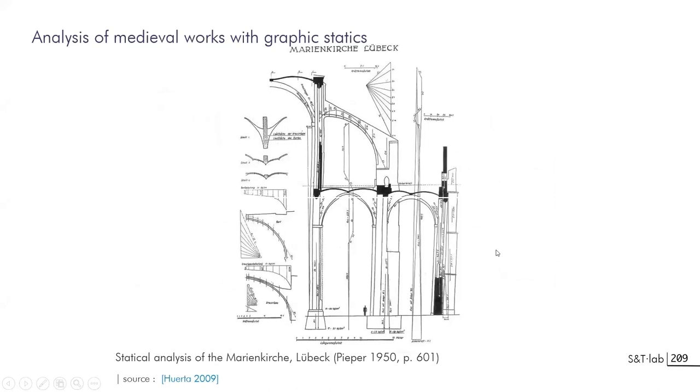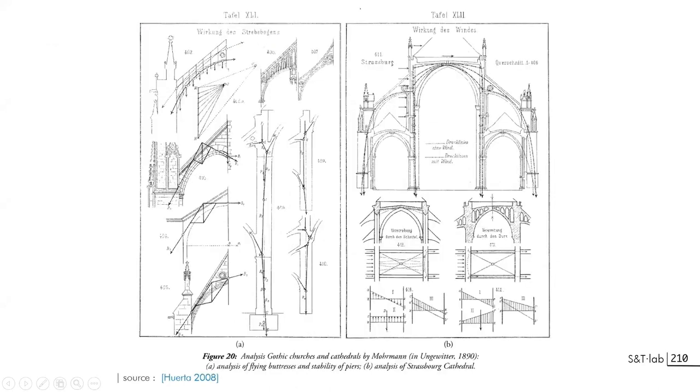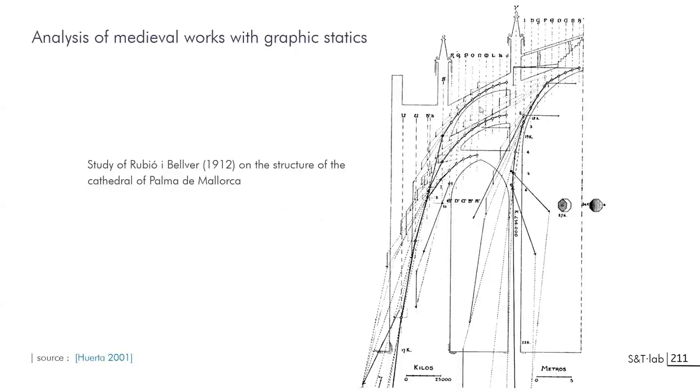So let's move on progressively with something else and have some words about the question of using loadings. Of course, to have this equilibrium possible, you have two ways to do it. You have to change the geometry around the thrust line, or you have to put some more loading at some places.